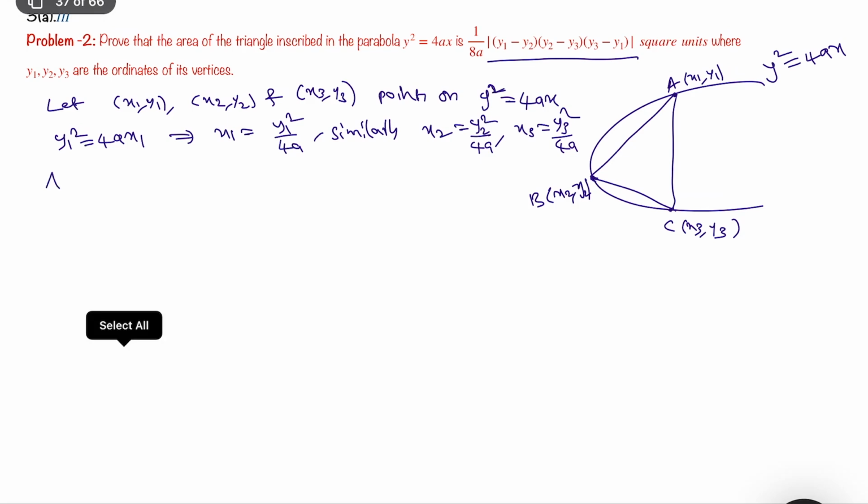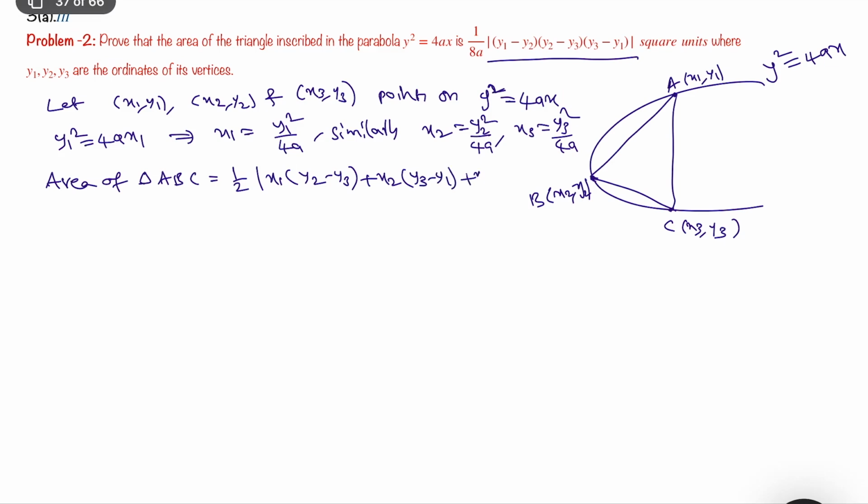So I can write the area of triangle ABC as 1 by 2 times modulus of x1 times (y2 minus y3) plus x2 times (y3 minus y1) plus x3 times (y1 minus y2). Now let us replace x1 with y1 square by 4a, x2 with y2 square by 4a, x3 with y3 square by 4a.